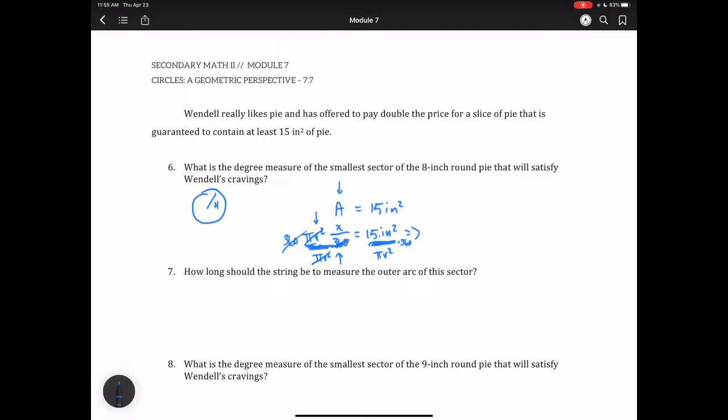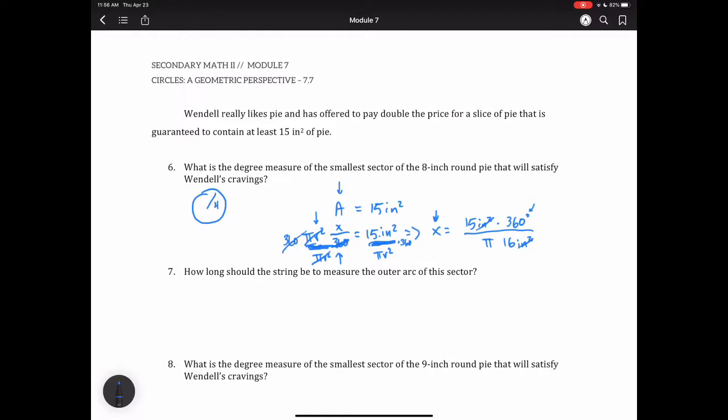So now I have x equals 15 inches squared times 360 degrees divided by pi times, and remember my radius is 4, so radius squared is 16. Okay, so this is actually how I'm going to figure out what that central degree measure is. Okay, so I should also say this is inches squared, right? So inches squared will cancel off, and I'll be left with those degrees, which is really what I want.